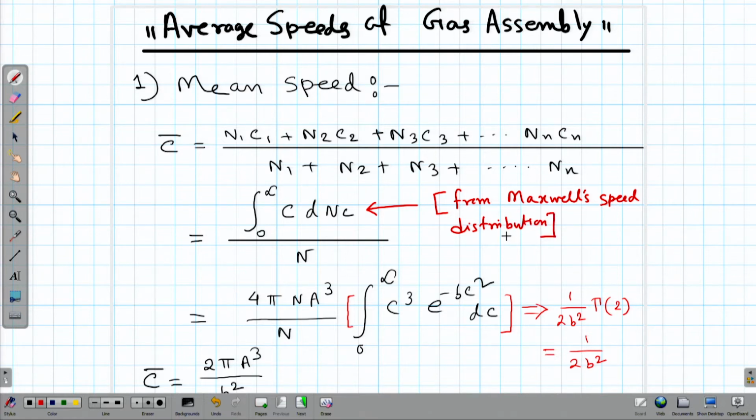Right. So, once we try to compute this integral, it will be 4 pi n a cubed.